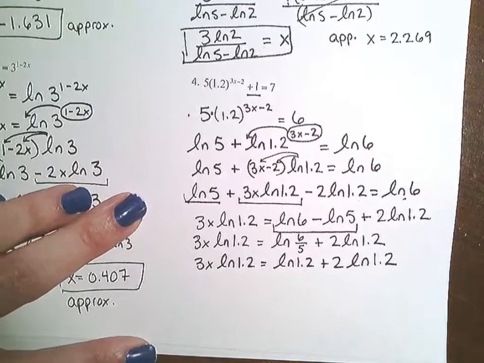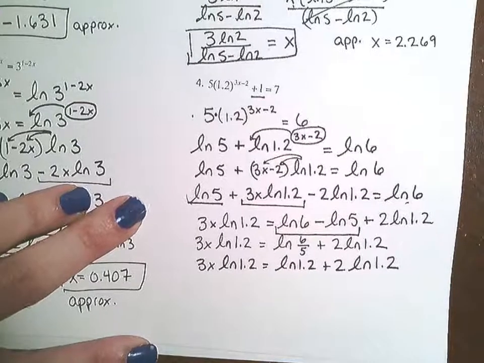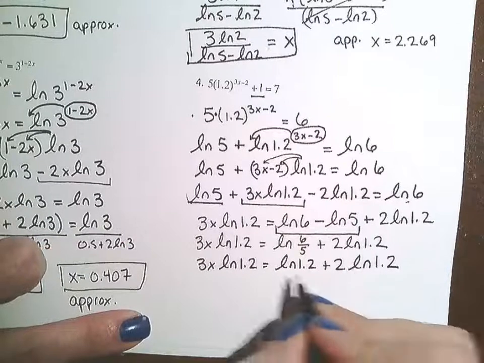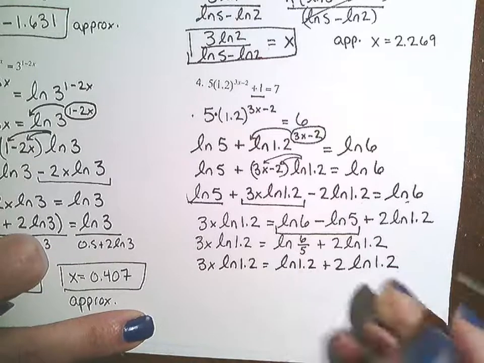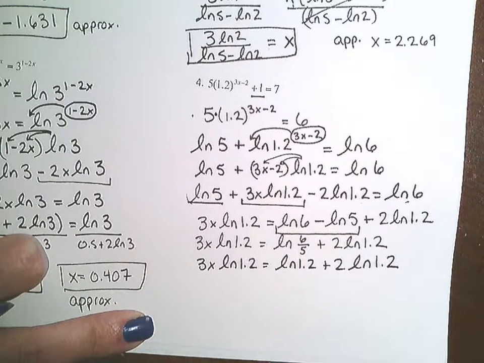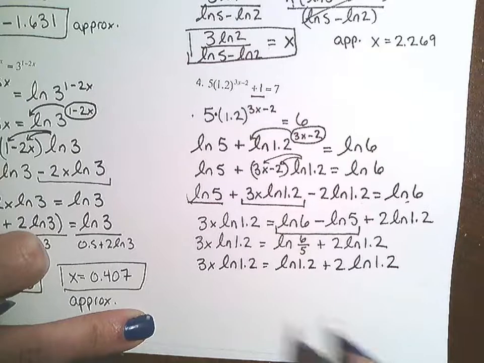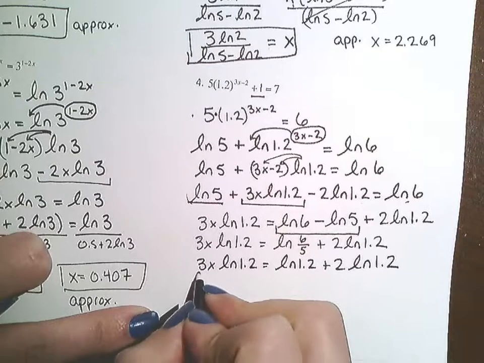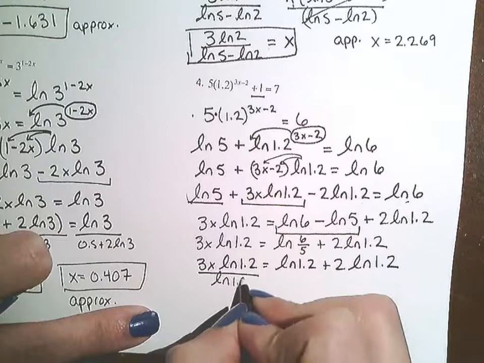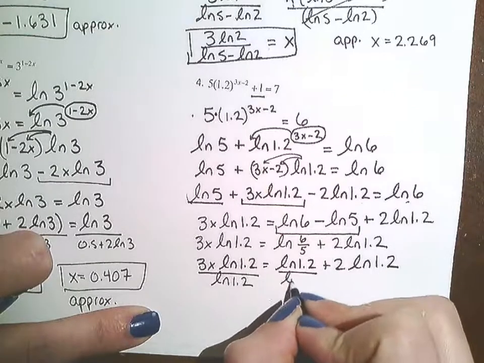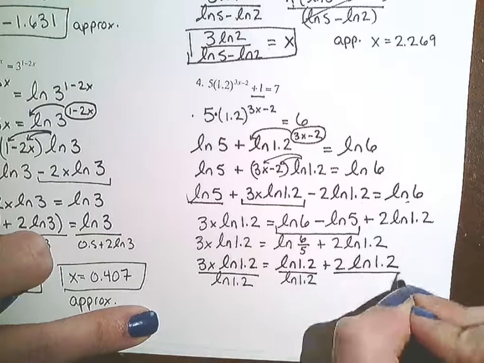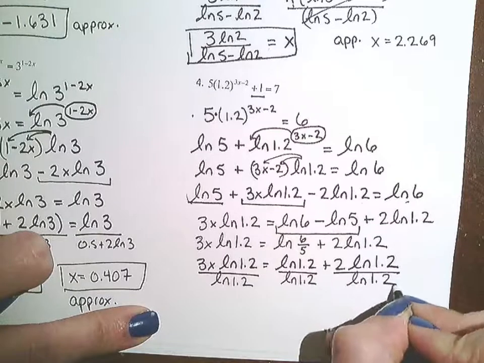At this point, what you could do is there is a common factor here. So I can pull out the common factor, but even if you don't notice that, it's fine. What I'm going to do is I'm going to divide everything by ln of 1.2. Now remember, because there's a plus here, I'm going to divide this guy by ln of 1.2 and this guy by ln of 1.2.